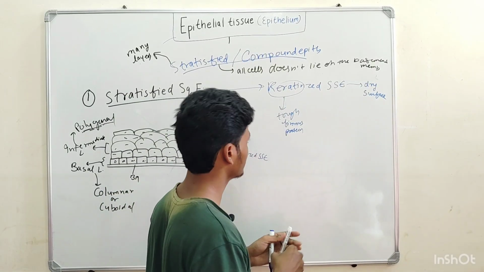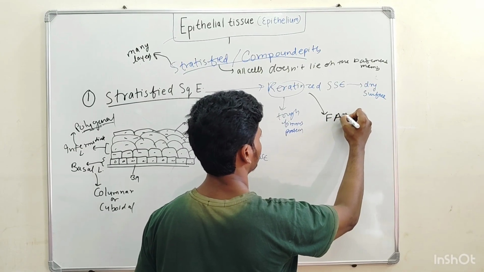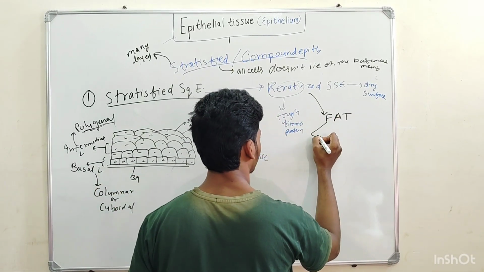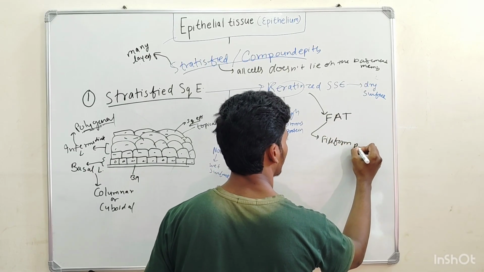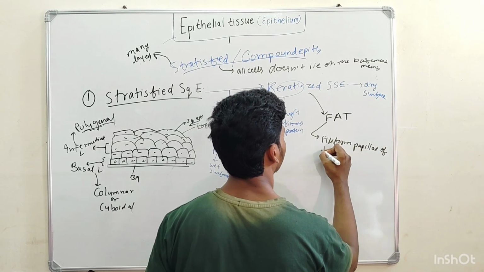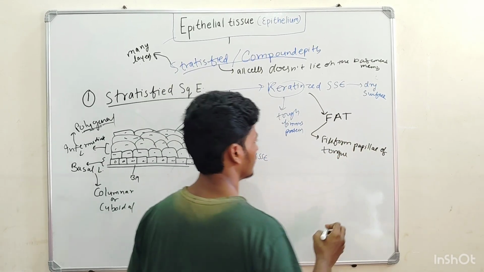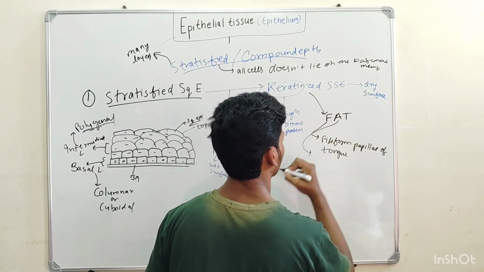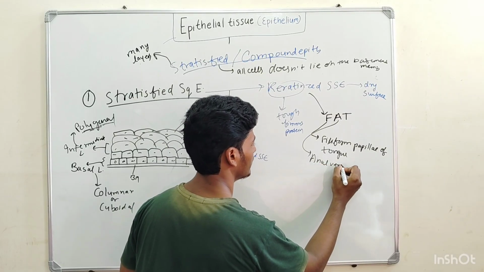You can remember the examples from FAT, where F stands for filiform papillae of the tongue, A for anal verge.